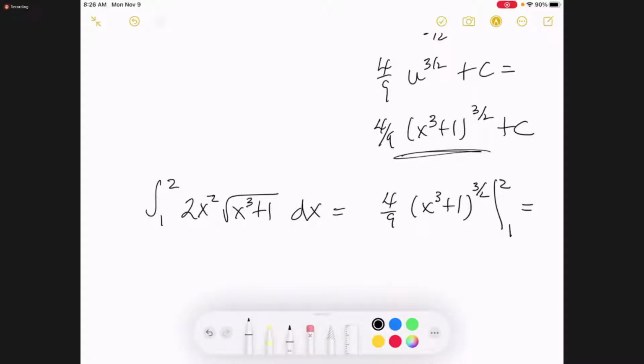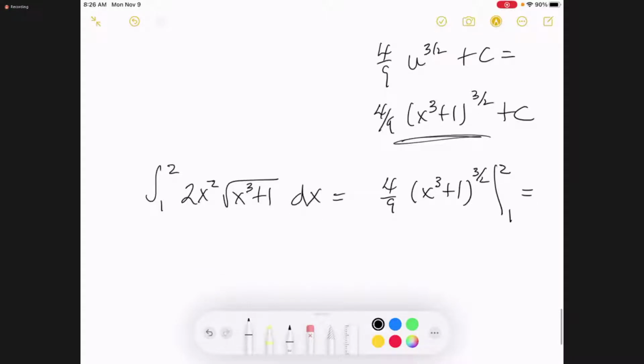And notice I never went to the u endpoints because I just went for finding the indefinite antiderivative first. And I got that back in terms of x, so I'm back to my original endpoints.